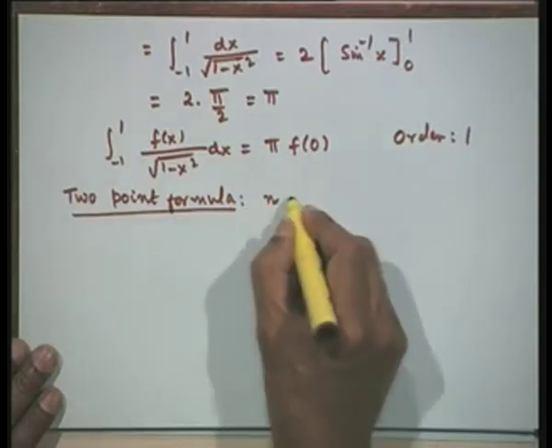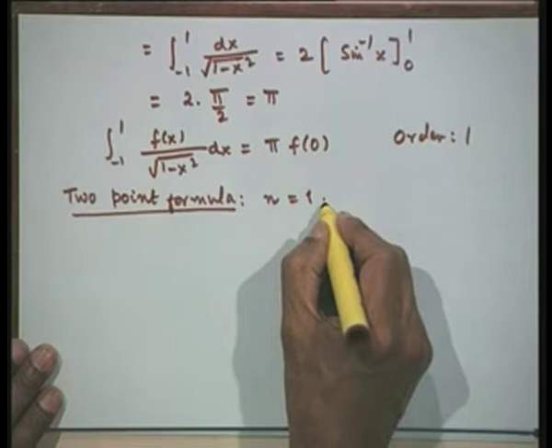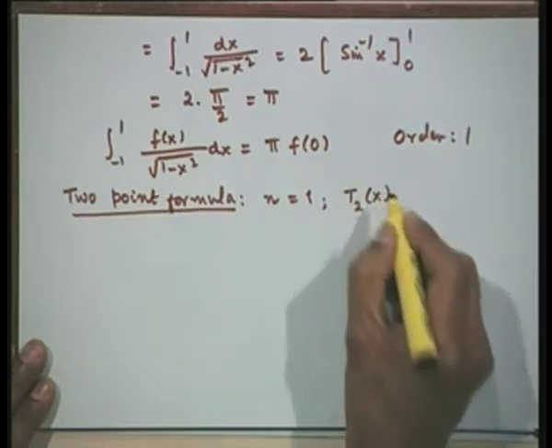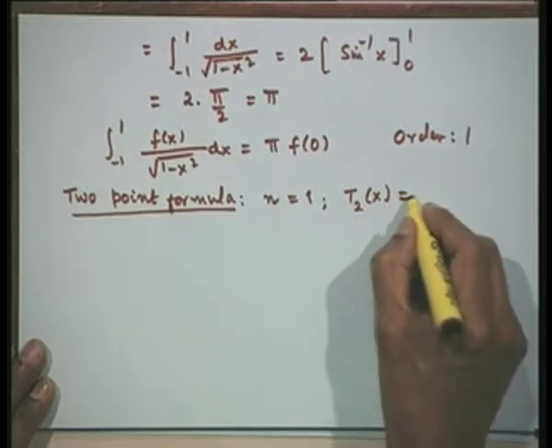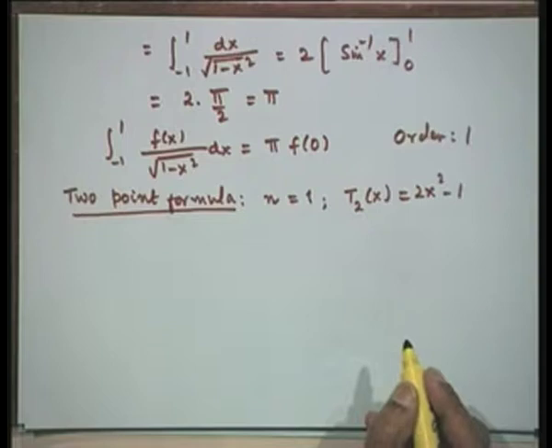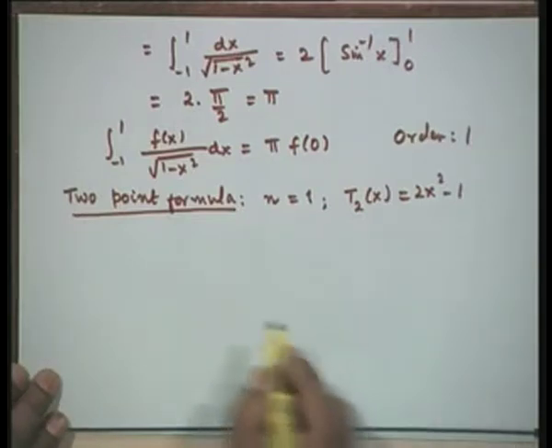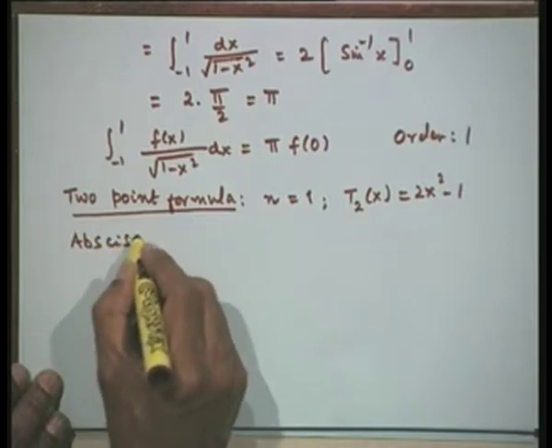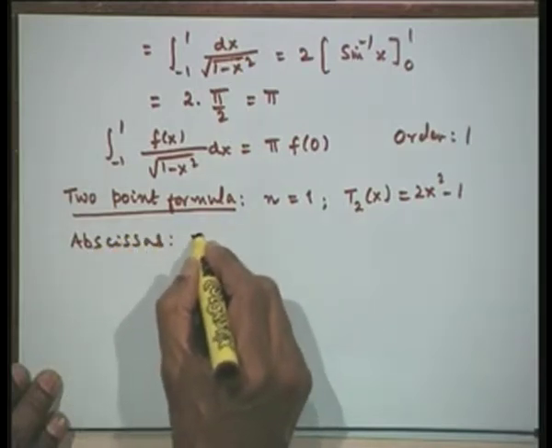Therefore, I need to take n is equal to 1. Therefore, I need t 2 of x, which we have derived as 2x squared minus 1. Therefore, I can immediately write down the abscissas from here by setting t 2 of x is equal to 0.